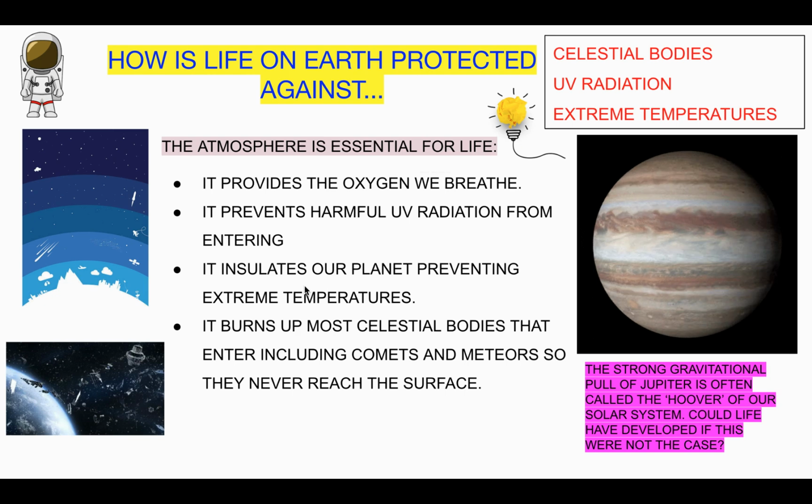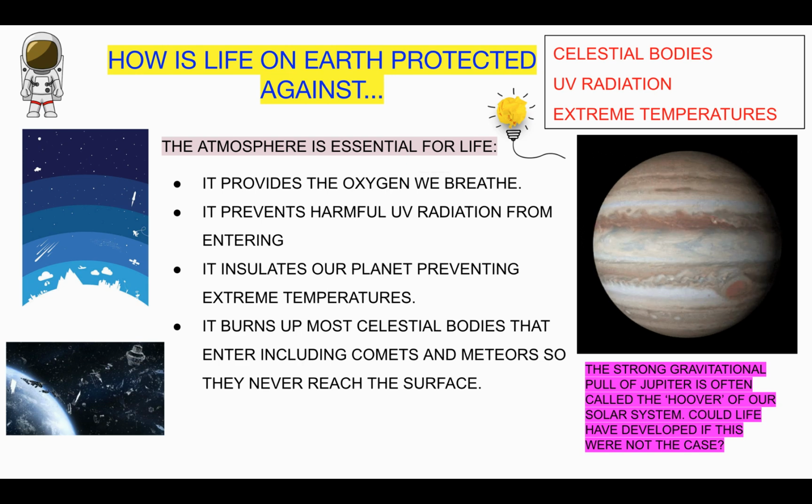We are far enough away from the asteroid belt that it's not a problem, but also we believe Jupiter could be essential, because Jupiter, being such a massive planet, tends to absorb asteroids and other comets and celestial bodies, which, if they were going towards the Earth, could cause serious harm.